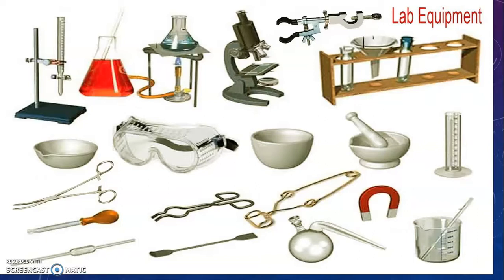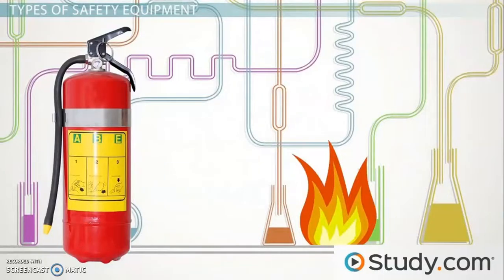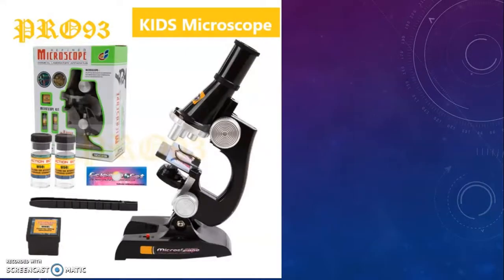In the laboratory, we have to take care with the safety equipment. One of the most famous instruments that you have to see, and it's electronic, is the microscope, right?